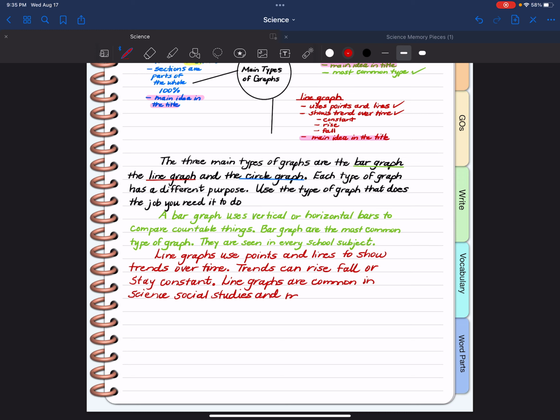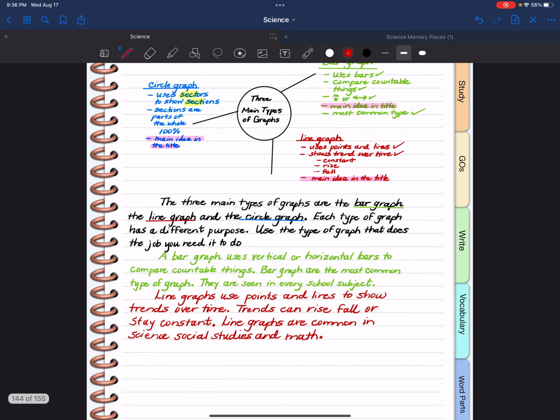Full stop. So we've described the line graph and when it is used. Okay, got all those. And now we're ready for a circle graph.